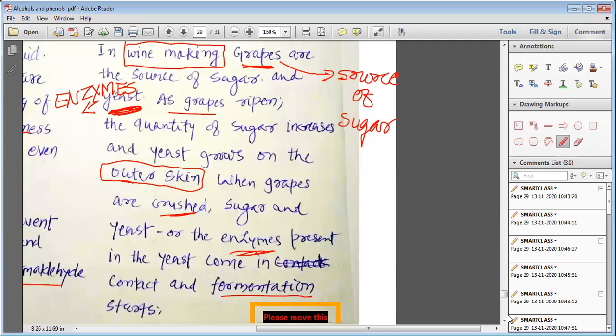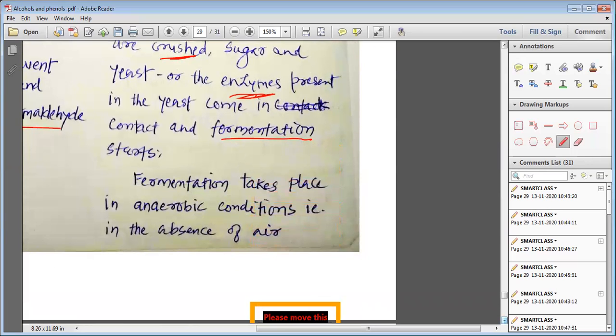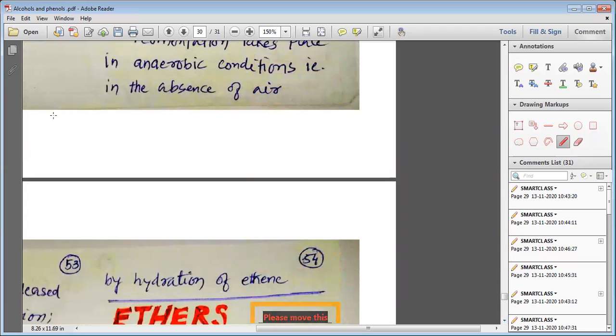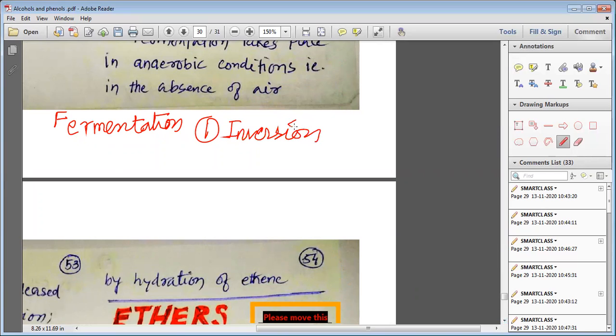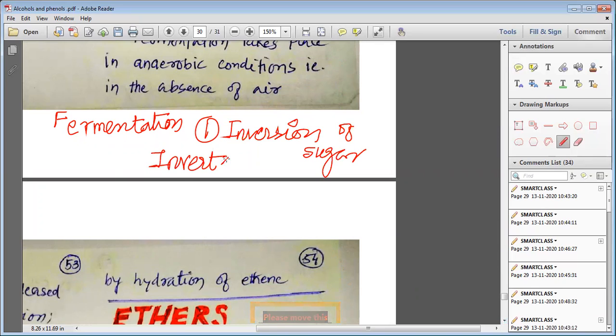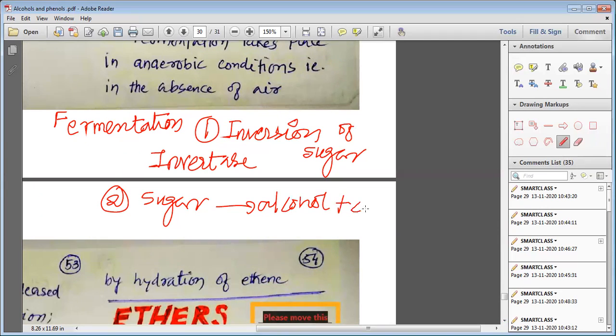Fermentation takes place in two steps. If we really look at the fermentation process, my dear students, the first step is the inversion of sugar by the enzyme invertase, and the second step is the conversion of sugar to alcohol, and carbon dioxide is also produced.